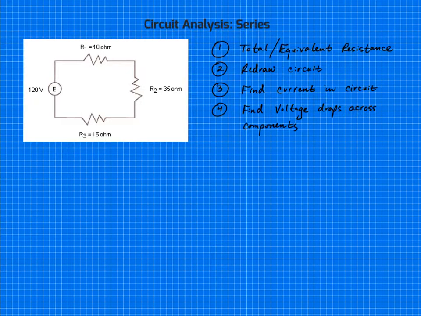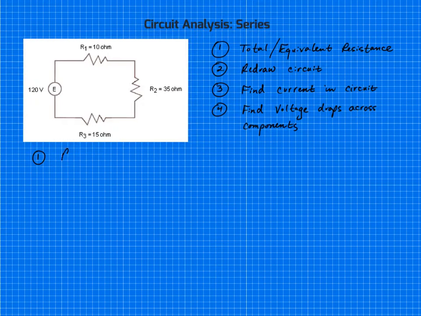Okay, so what I have here is a pretty simple series circuit. I have a power supply that's putting out 120 volts. That's pushing the current through, and I have 3 resistors here. So step 1, we're going to find what that equivalent resistance is in this circuit. Remember that in a series circuit, we're basically just adding up those 3 resistances.